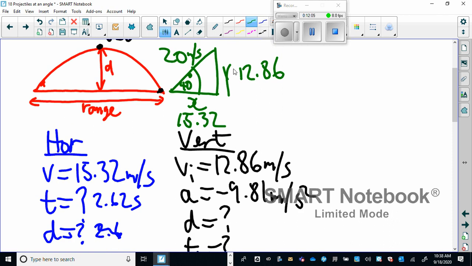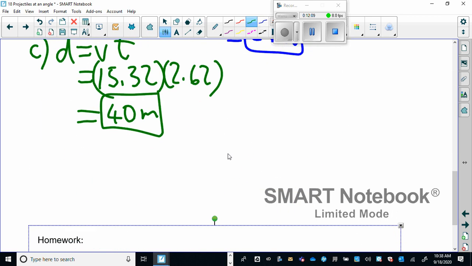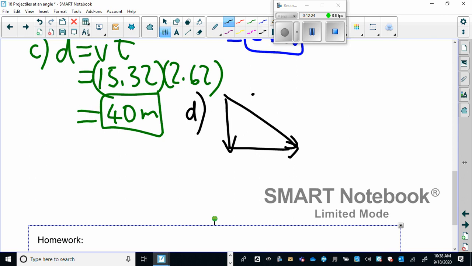So basically what we can say is, for that question, for D, we know that coming down it's going to be the exact opposite.